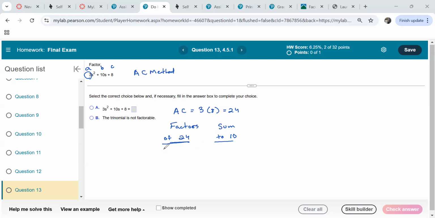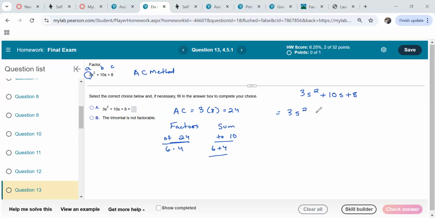Going through the numbers, 6 times 4 multiplied to give me 24. 6 plus 4 would give me 10. So we use this to split the 10. So we had 3s squared plus 10s plus 8.